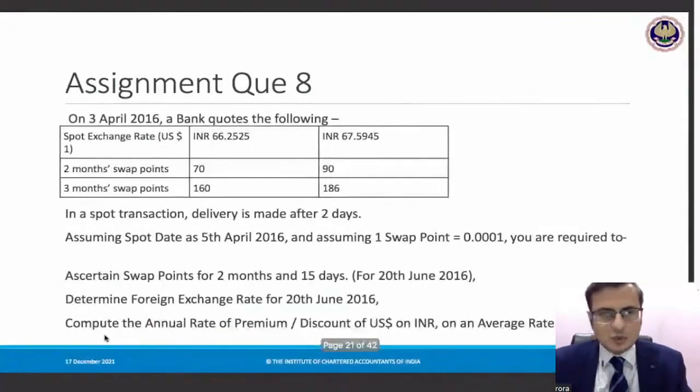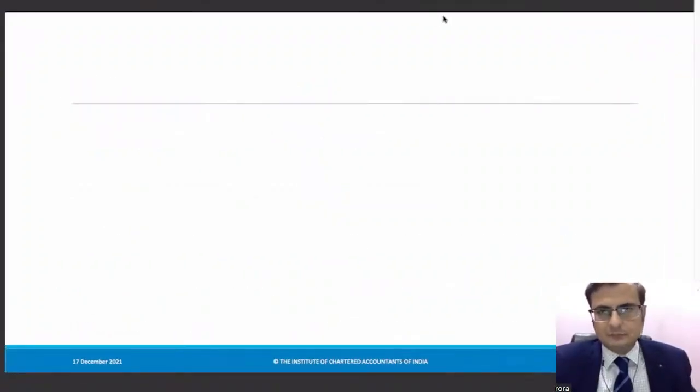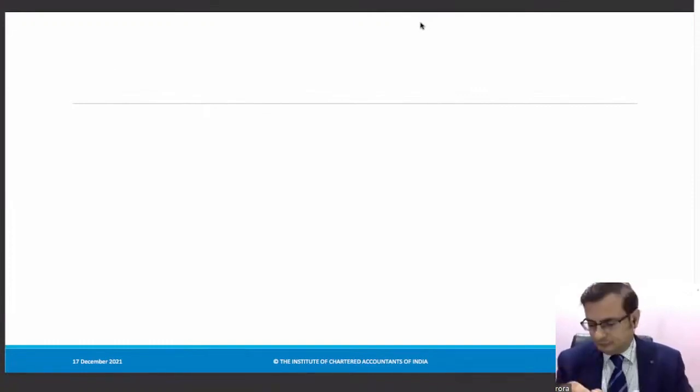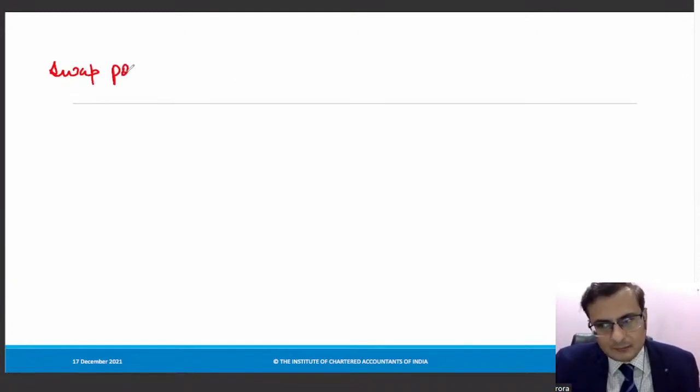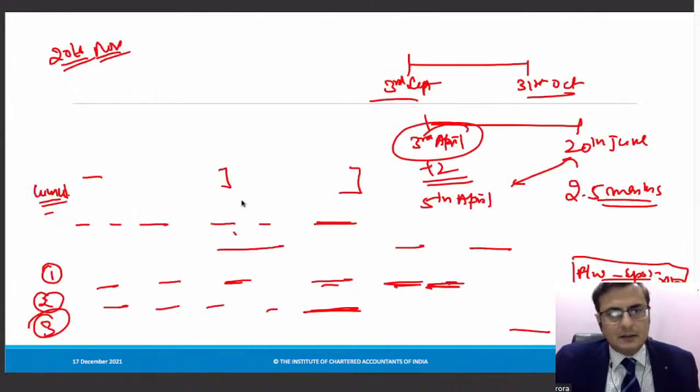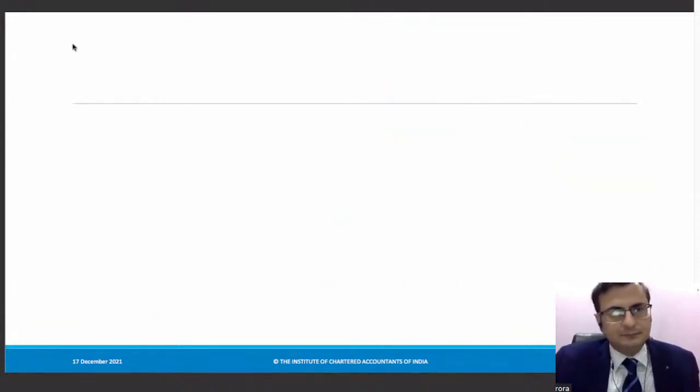So these are the two, right? Bid and ask. Let me write it as A and B. So we require the swap points.